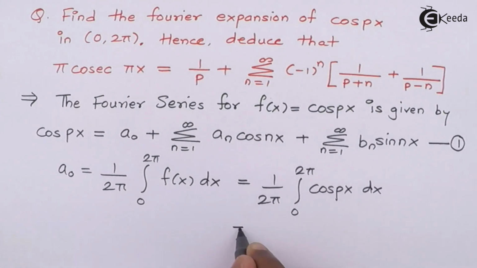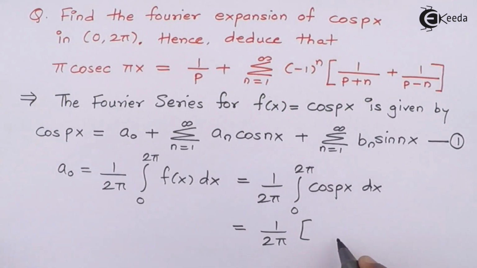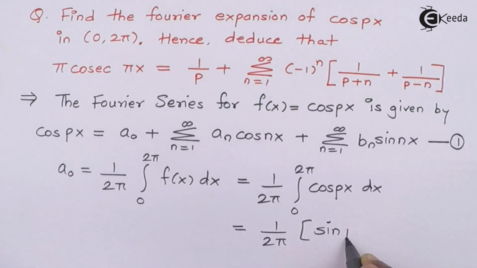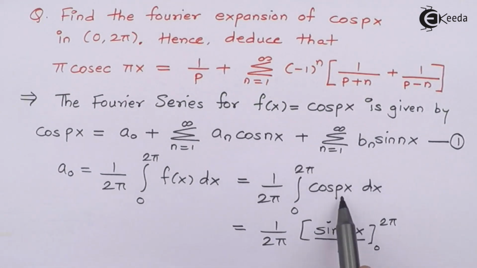Now guys, what is the integration of cos px? So 1 by 2 pi as it is, and here the integration of cos px is sine of px whole upon p, and this is from 0 to 2 pi. So guys, integration of cos px is sine px upon the derivative of px, which is p. Now I'll put the upper limit as 2 pi and then the lower limit as 0. When we put x as 2 pi, we will get sine of 2p pi.